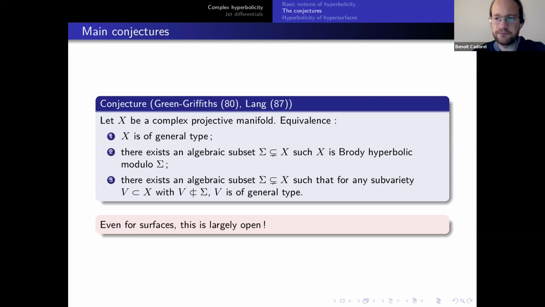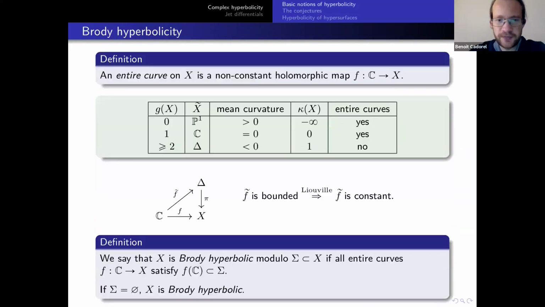As this table shows, the conjecture is of course true in dimension 1. So you have entire curves precisely when the projective curve is not of general type. And the fact that this conjecture is true in dimension 1 is what motivates us to look at it in higher dimensions.